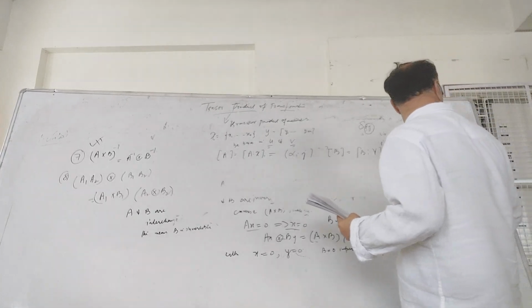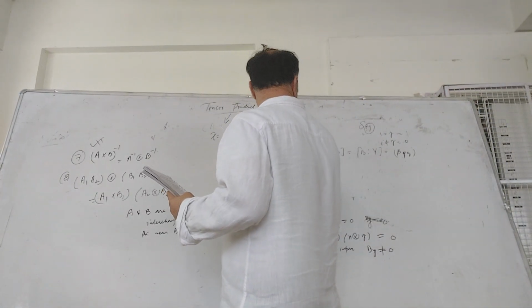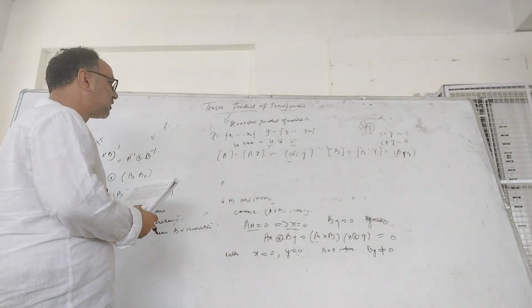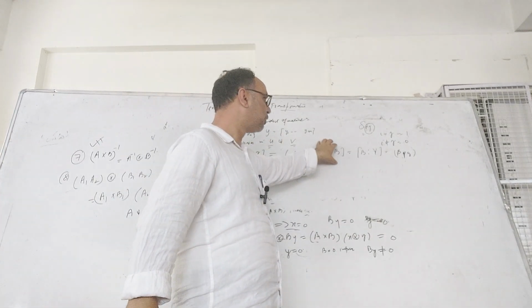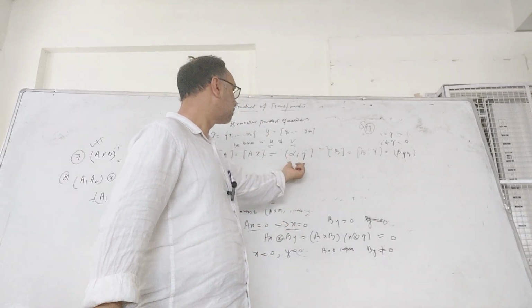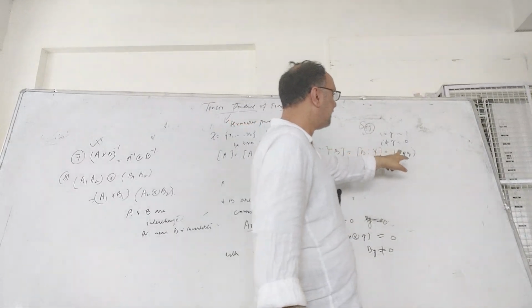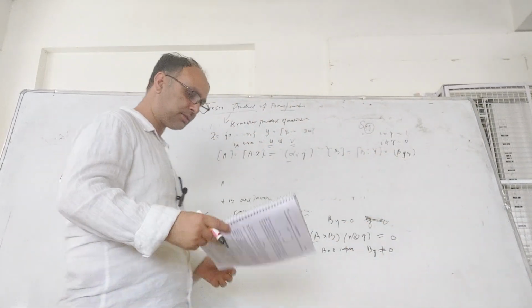So if it's alpha ij, these are rows and columns. Now what's the tensor product of A cross B? We are going to see the product of these alpha ij and beta pq.